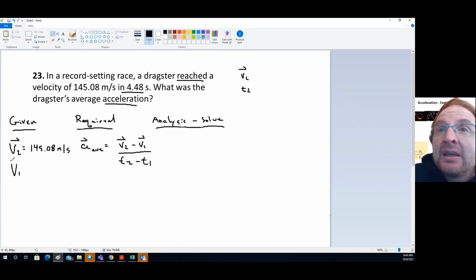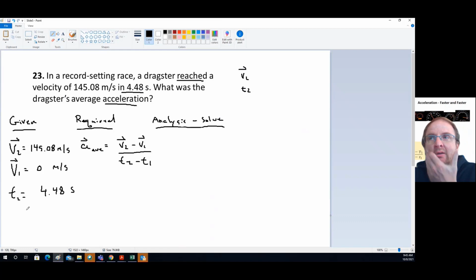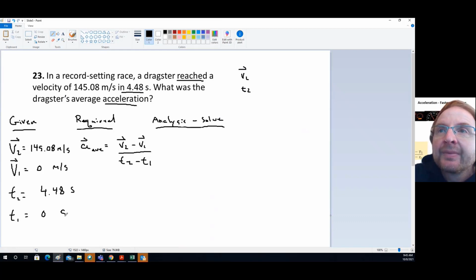Velocity 1 at its beginning? Well, it's a drag racer, so it started at 0 meters per second. Time 2, again, we've got it right there, 4.48 seconds. Time 1, we're going to start at 0 seconds.